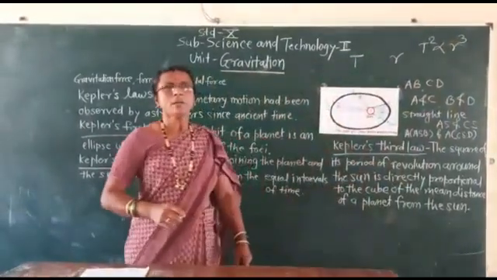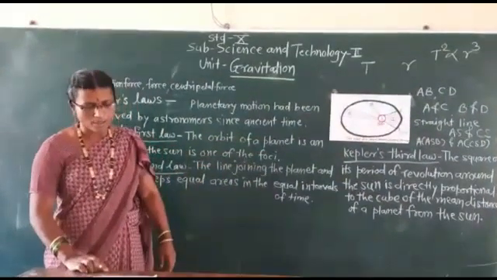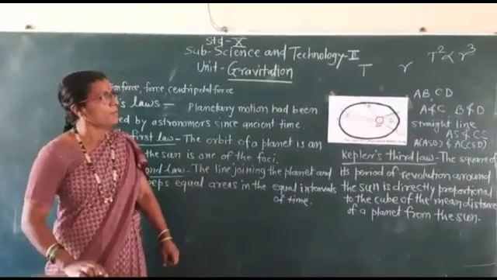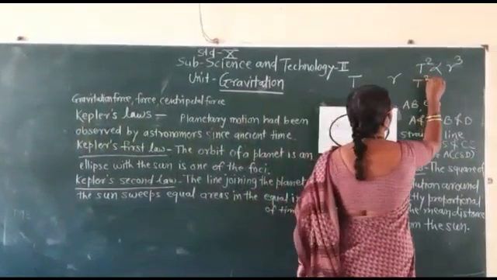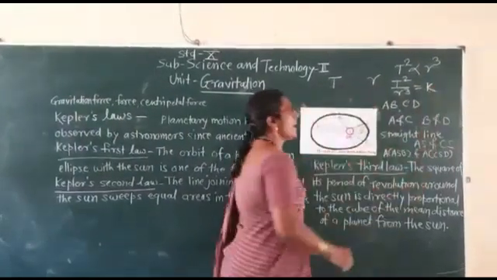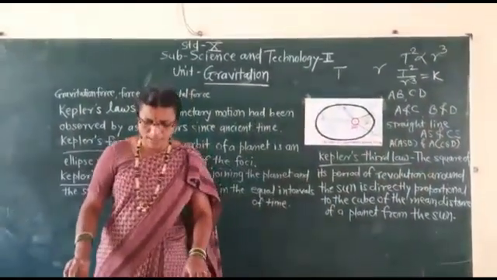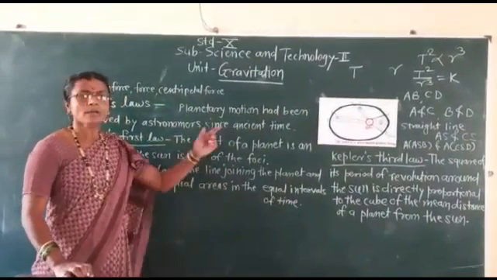This is the formula representation of Kepler's third law. Then we remove the proportional sign and give it an equal sign: T square divided by r cube equals k, where k is a constant.